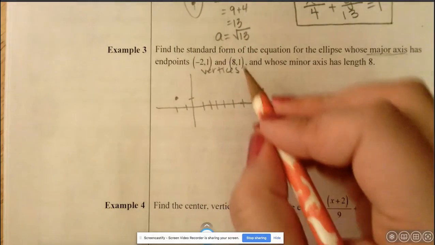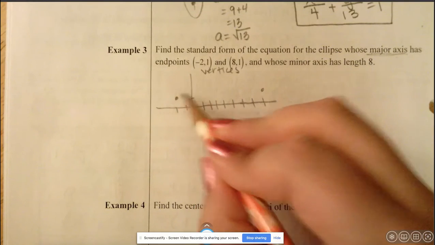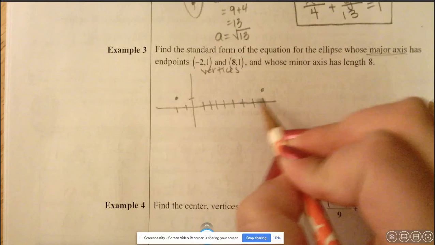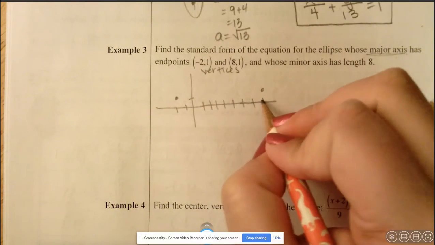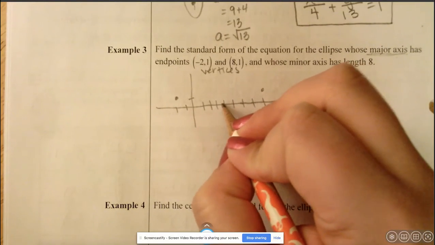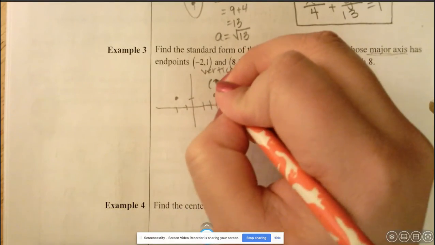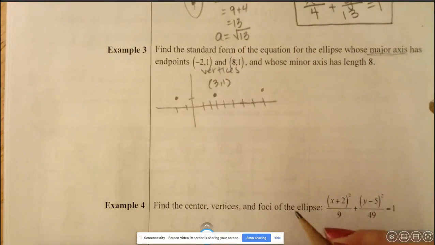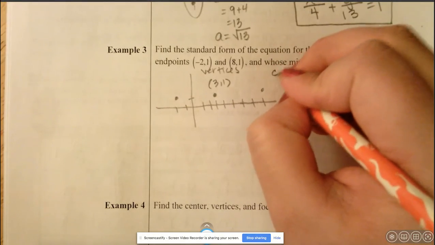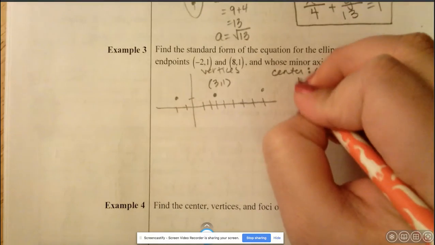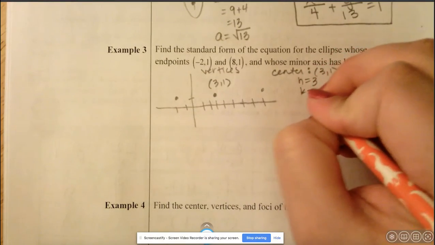Okay, and that means the center has to be halfway between them. So if I count 1, 2, 3, 4, 5, 6, 7, 8, 9, 10, the center is 5 units away. 2, 3, 4, 5. Here's the center, which is at 3, 1. Okay, so the center is at 3, 1, which means H is 3 and K is 1.